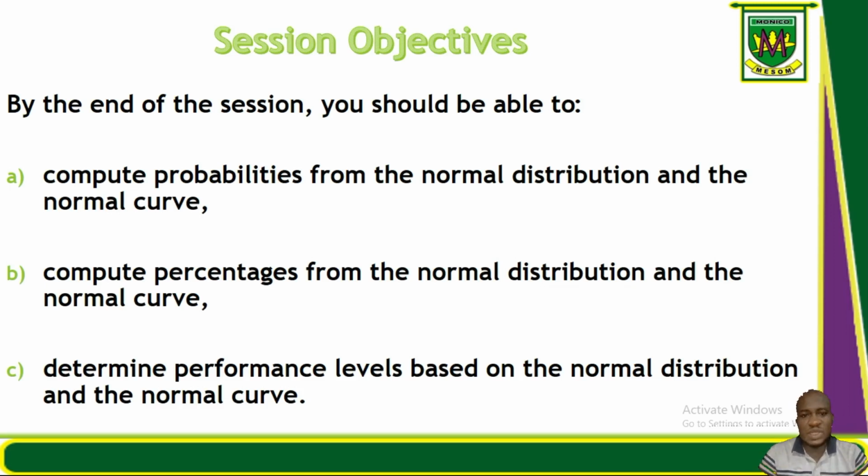The next one will be the percentage of students who are likely to score either above or below, or still in between. And finally, we'll be looking at the performance levels, and here we will still be computing using the normal distribution and the normal distribution curve.